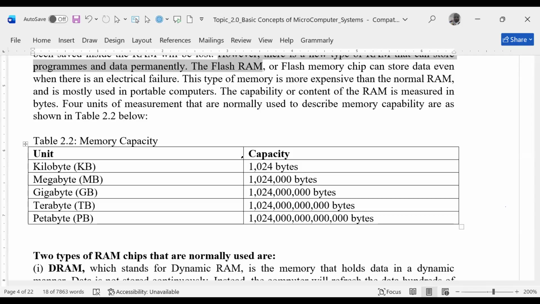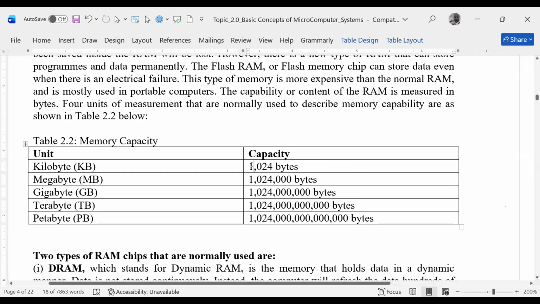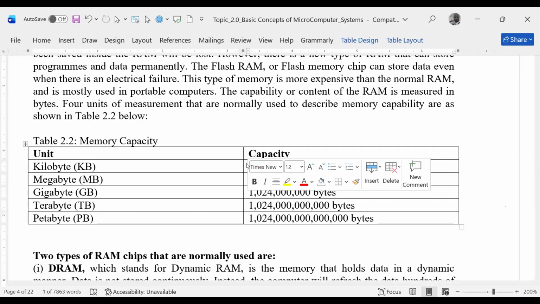And this is how things are measured. For memory capacity, we have kilo. Kilo means 1,000, but in computing it doesn't mean exactly 1,000. It's 1,024, so there's a reserve of 24. This reserve is meant for the system to give you extra space in case the 1 kilobyte, which is 1,000, is consumed by you.